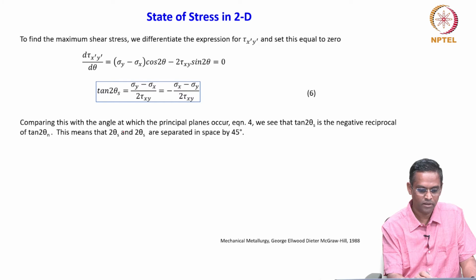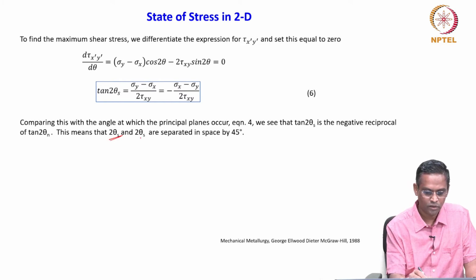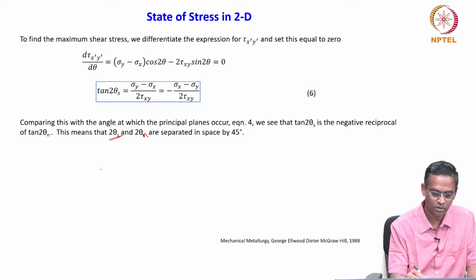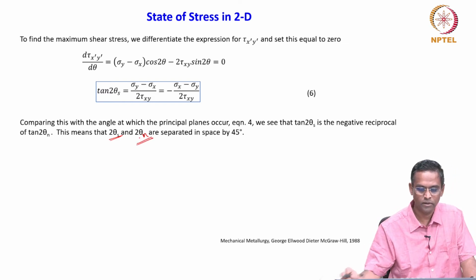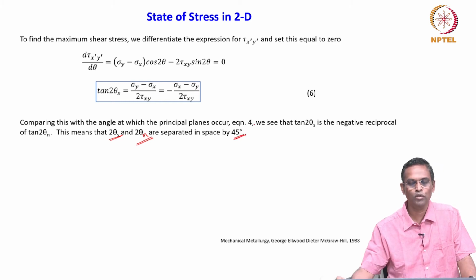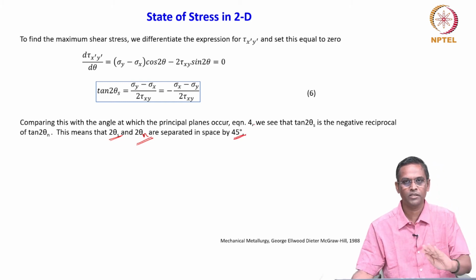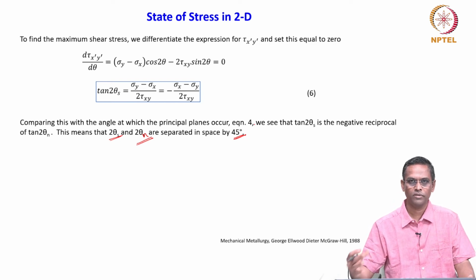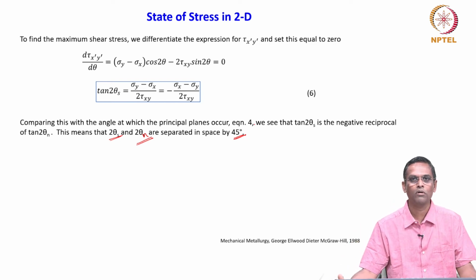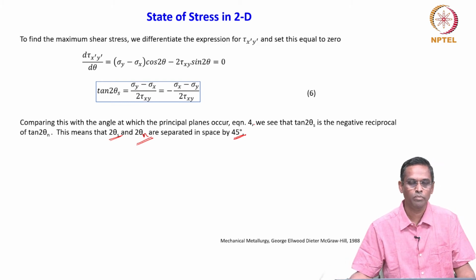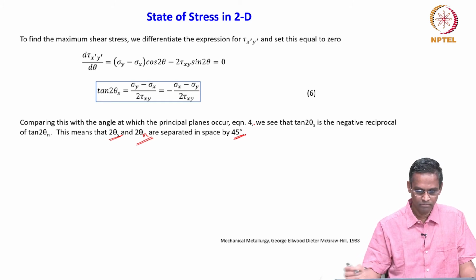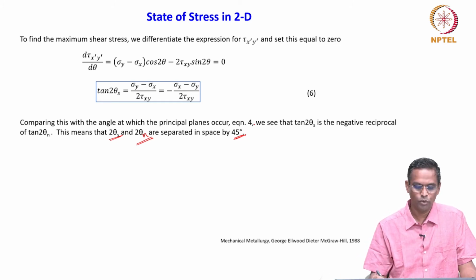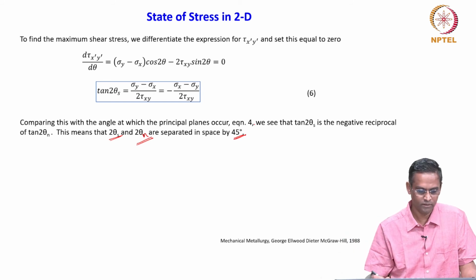This means that 2 theta s and 2 theta n are separated in space by 45 degrees. So, by looking at these expressions, we get a very nice idea about the orientation between these two planes. We have also physically seen how these two are separated, but these equations also prove the orientation between these two stresses.